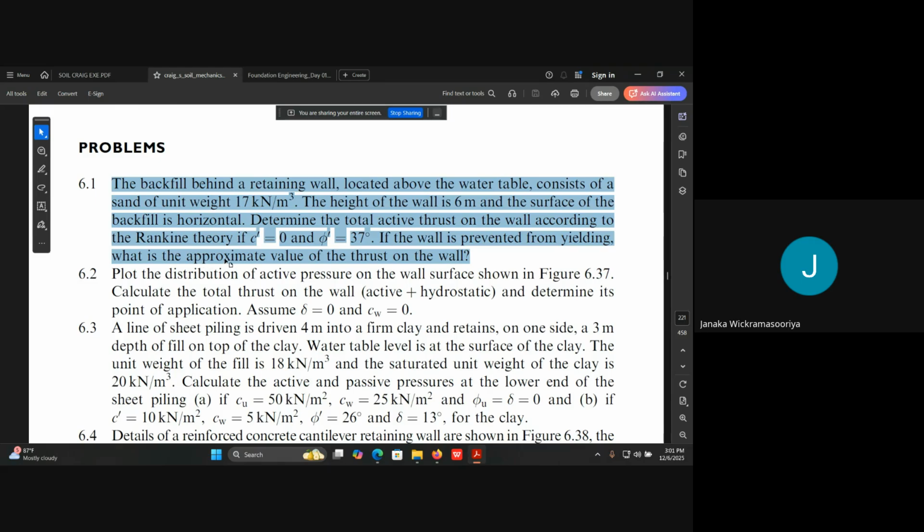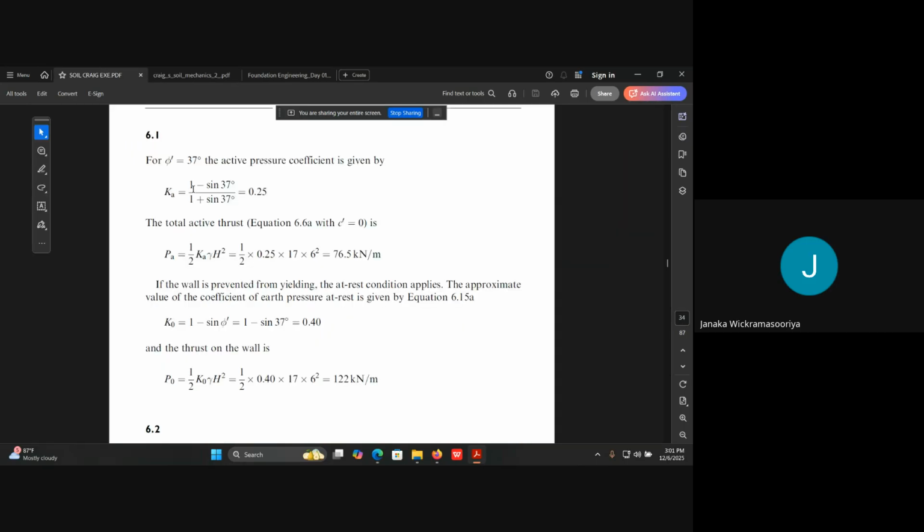What they ask is the approximate value of thrust. So you can use the active force equation, half Ka gamma h squared, to determine this. If you have any problem or any questions, please ask them.